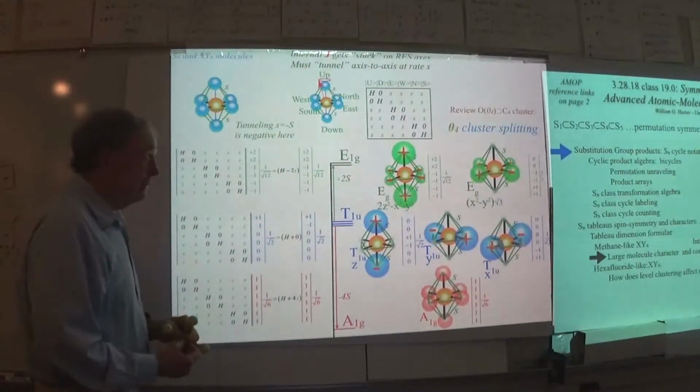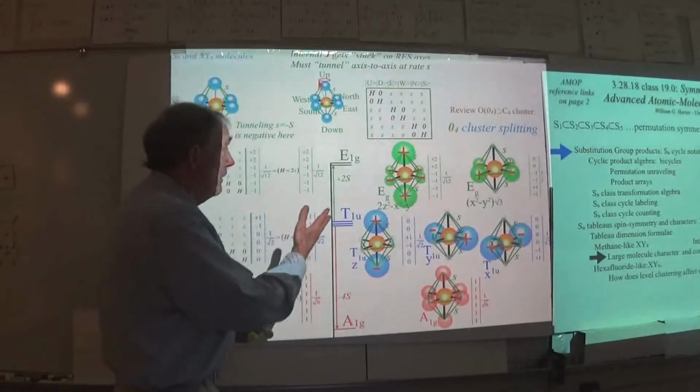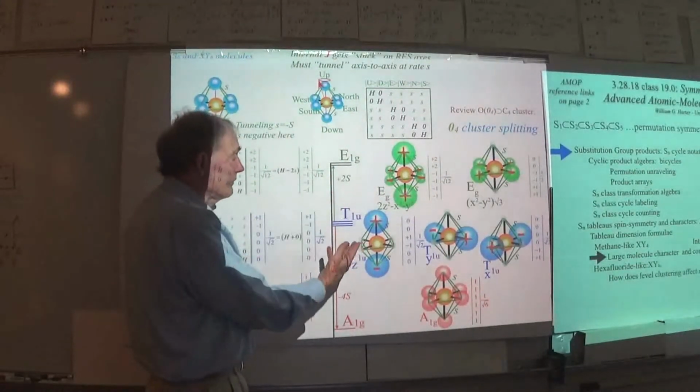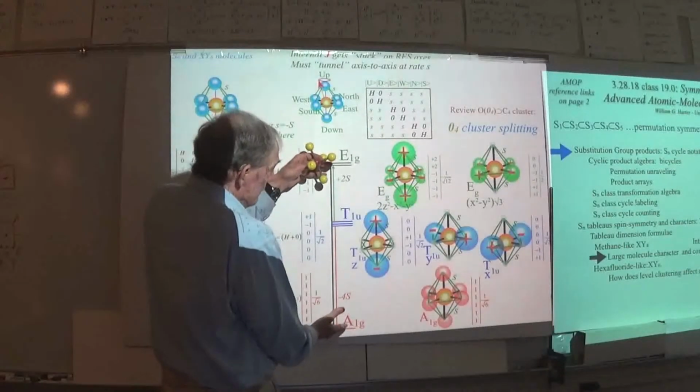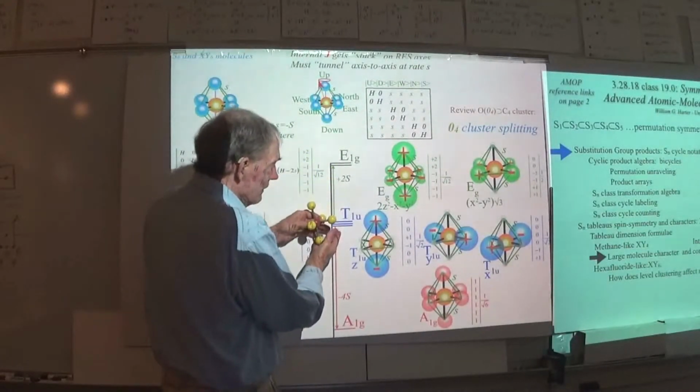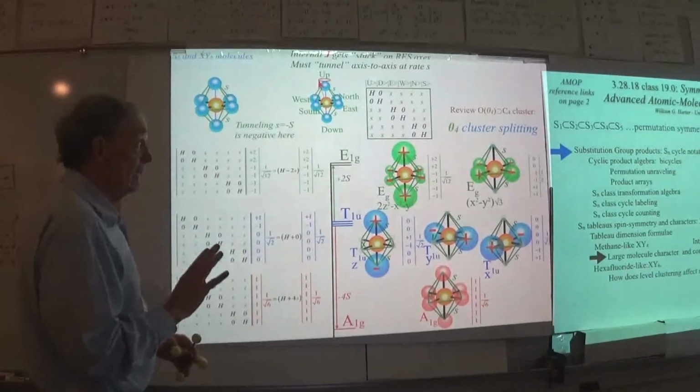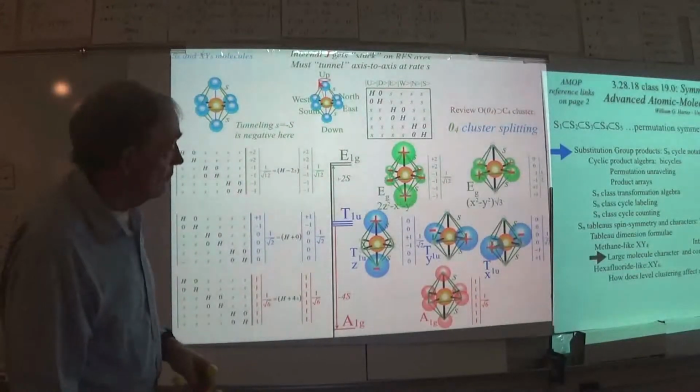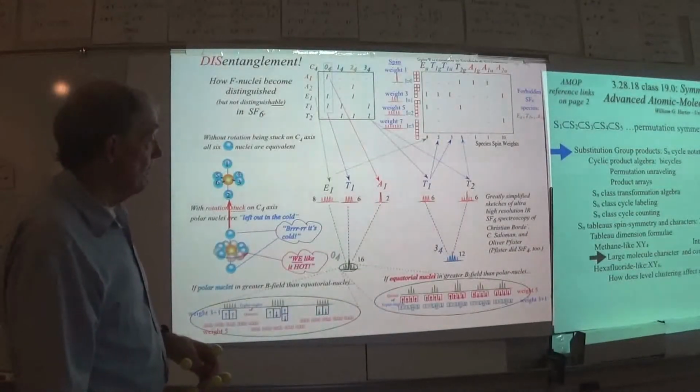So the question is, when the molecule collapses to the point where the splittings here are so tiny, what happens when you get the resonances of the nuclear spins to work?